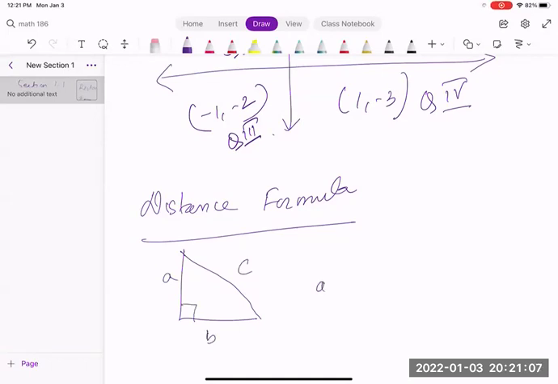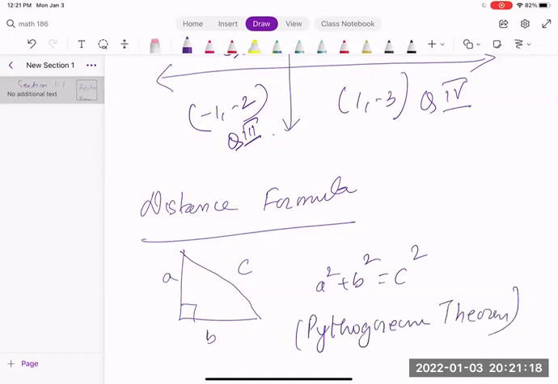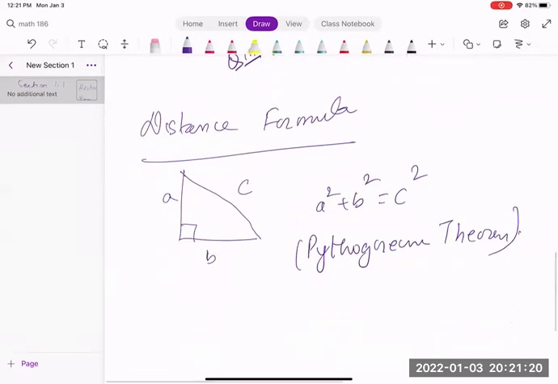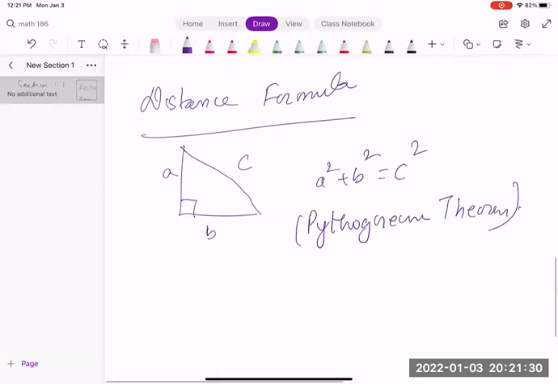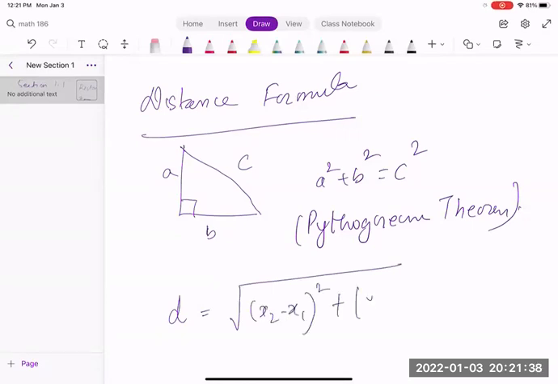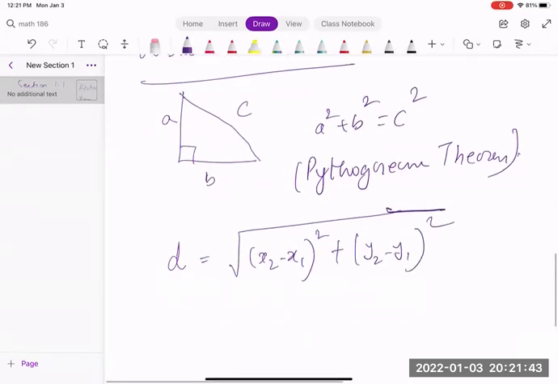So A squared plus B squared equals C squared, which comes from the Pythagorean theorem you have seen previously. In order to find the distance between 2 points, you can use the distance formula, d equals the square root of (x2 minus x1) squared plus (y2 minus y1) squared. And I'm going to show you how this came about.